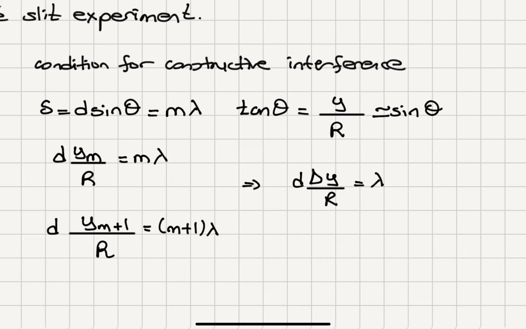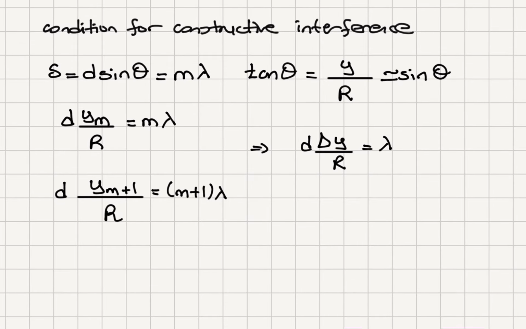It's m plus 1 lambda minus m lambda, which is lambda. So you can see that the distance between two bright fringes, delta y, will be equal to R lambda divided by d.